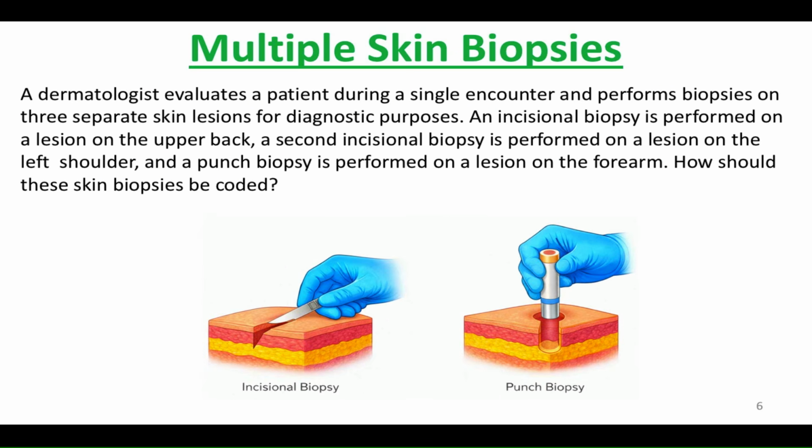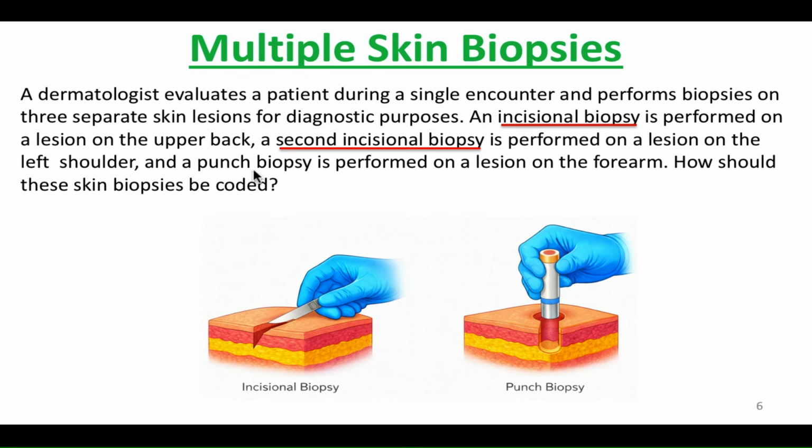Let's do one more case study to wrap it up. A dermatologist evaluates a patient during a single encounter and performs biopsies on 3 separate skin lesions for diagnostic purposes. An incisional biopsy is performed on the lesion on the upper back. A second incisional biopsy is performed on the lesion on the left shoulder.